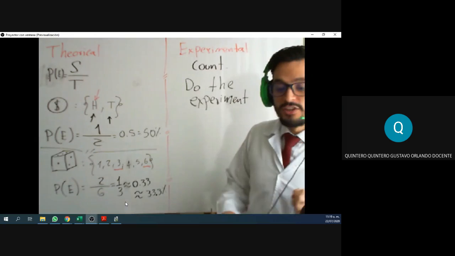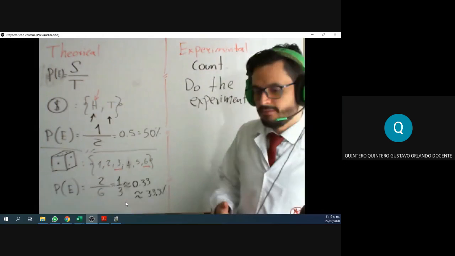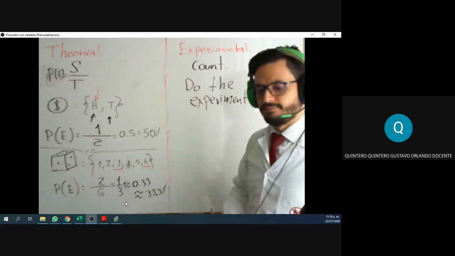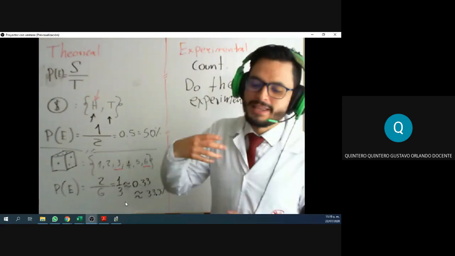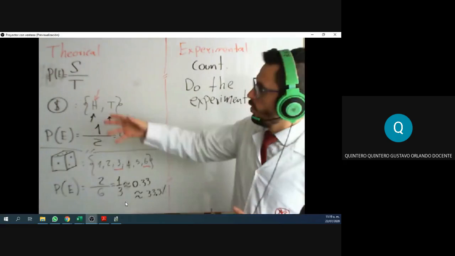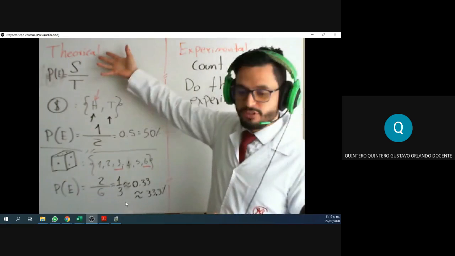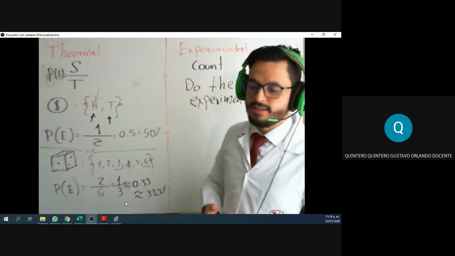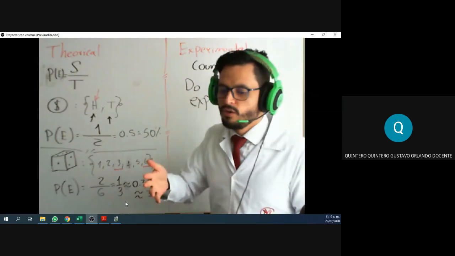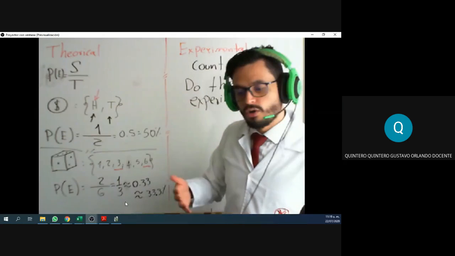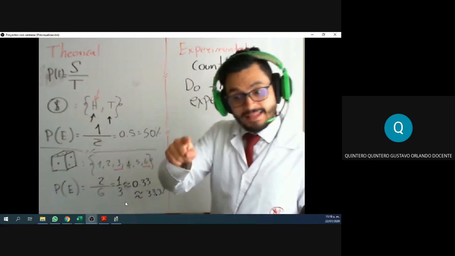So the idea of applying something is to do the experiment. You apply and you interpret when you do both theoretical and experimental probabilities, and you see if you're getting good results or if you're not. This is what we're going to do now.